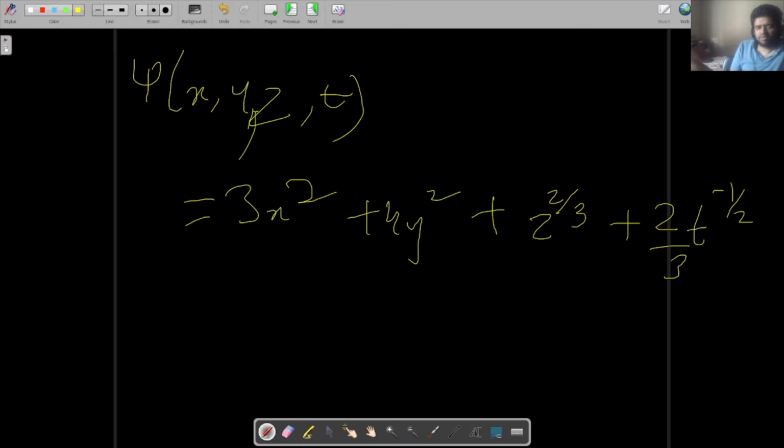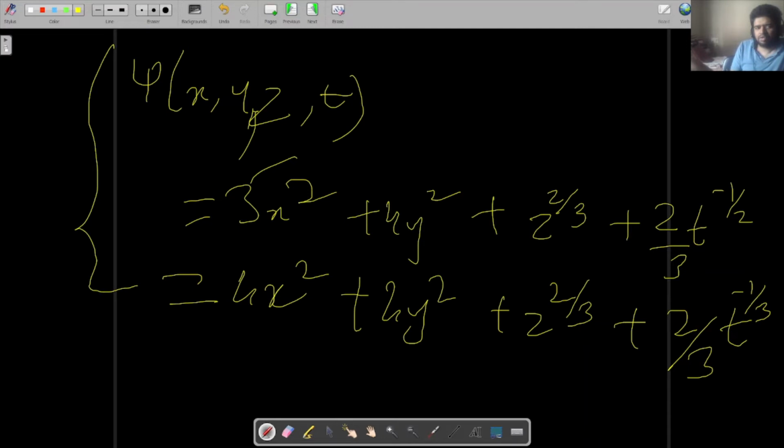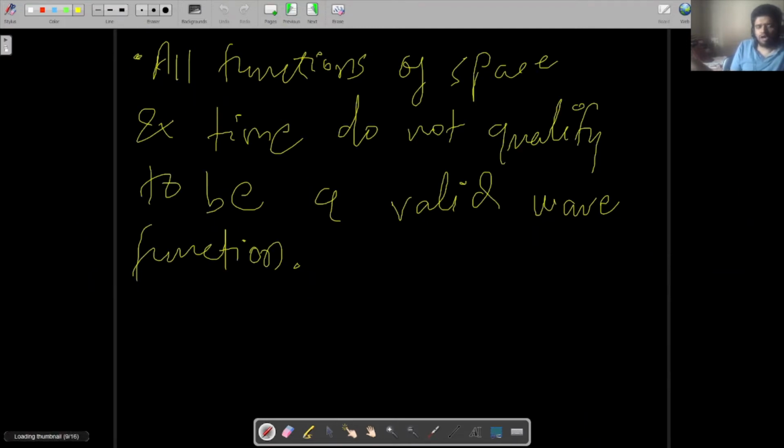I can just change this 3 to 4. Even if I change one thing, it will be another function. Even if I change a single coefficient or a single power, I am going to get a different function. So there are a lot of permutations and combinations possible. So all functions of space and time do not qualify to be a valid wave function.